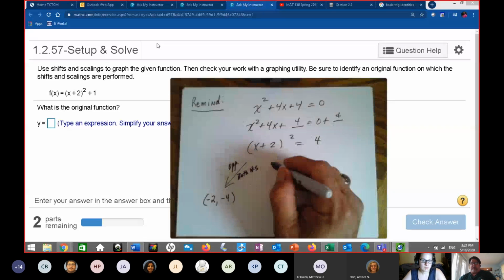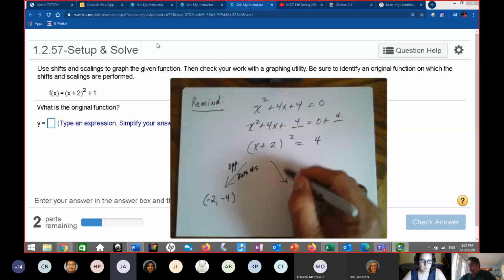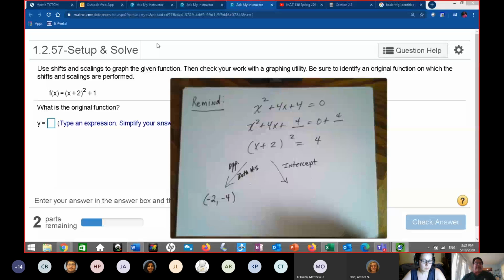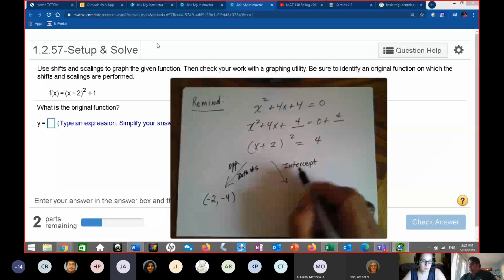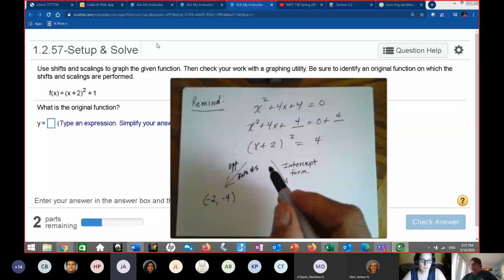All right, the other way to write it is what we call intercept form. Now, I don't go over this a lot because I really don't like to write it in intercept form, but that's just me as a teacher. And that is bring the 4 back over and put f of x in front of it.